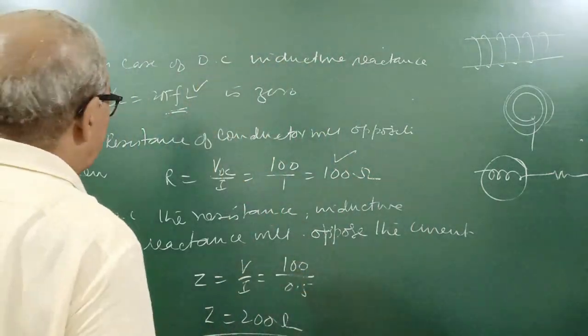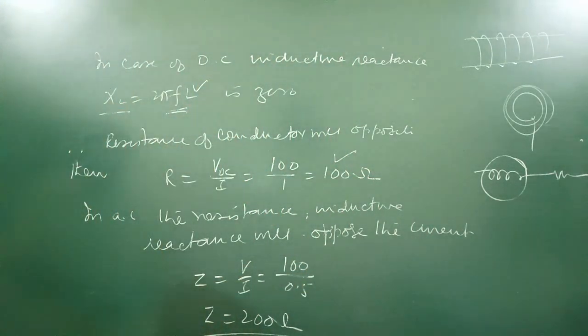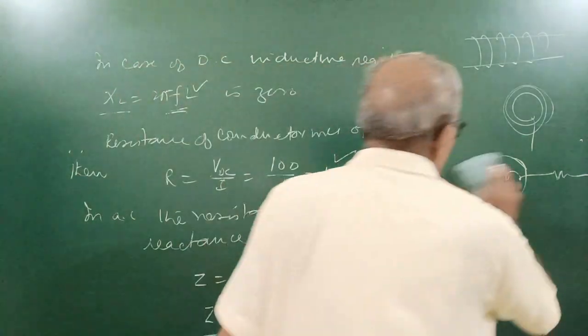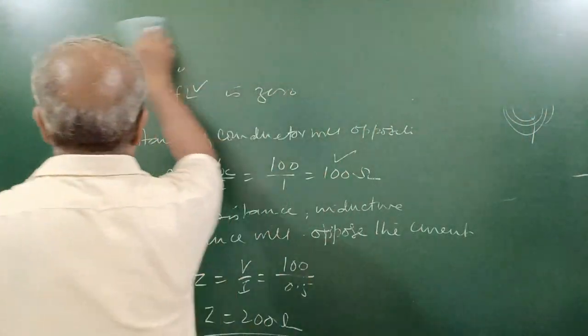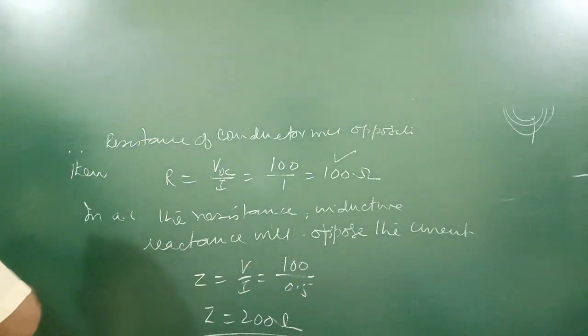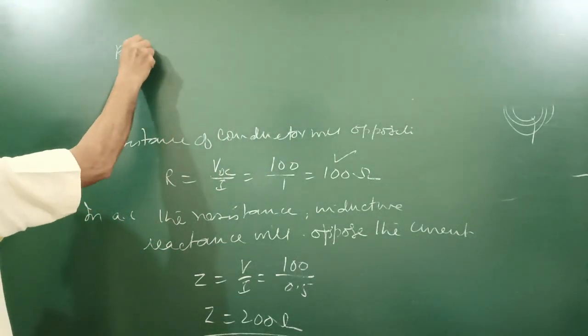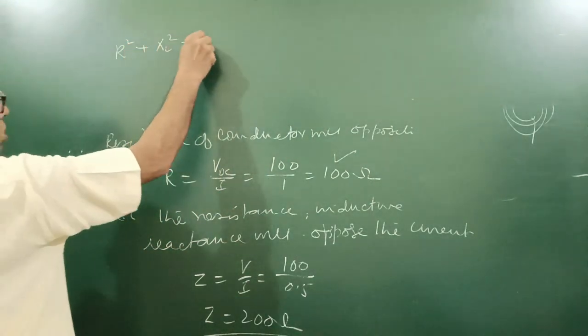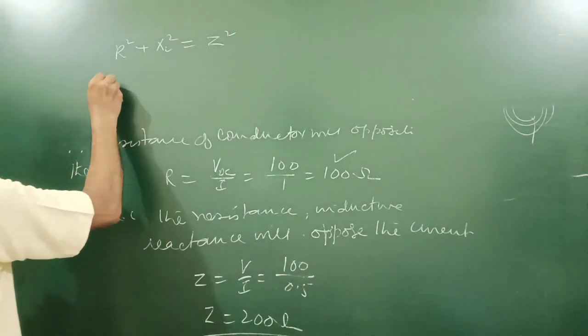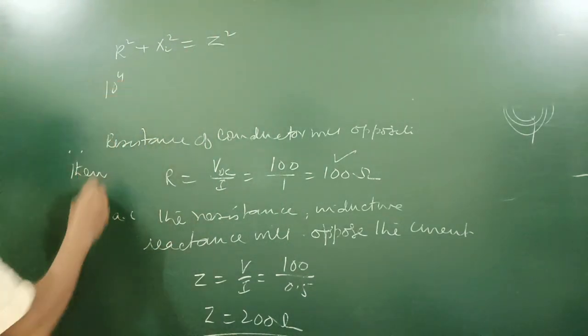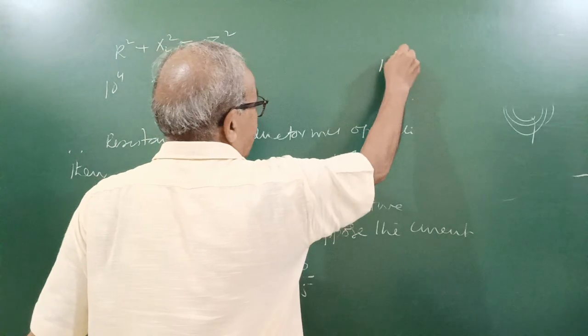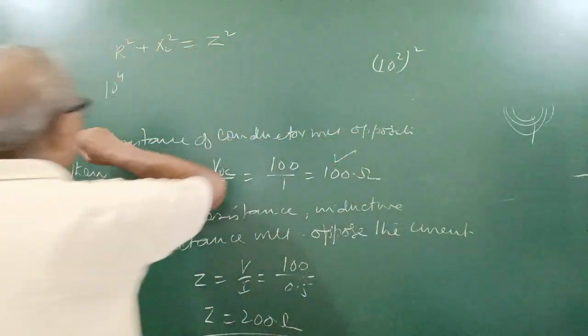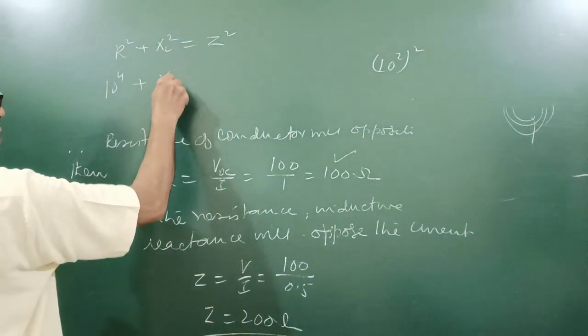So L we can find if we know XL, and we know that R square plus XL square is equal to Z square. So 100 ohm is 10 to the power 2, square 10 to the power 4, plus XL square.